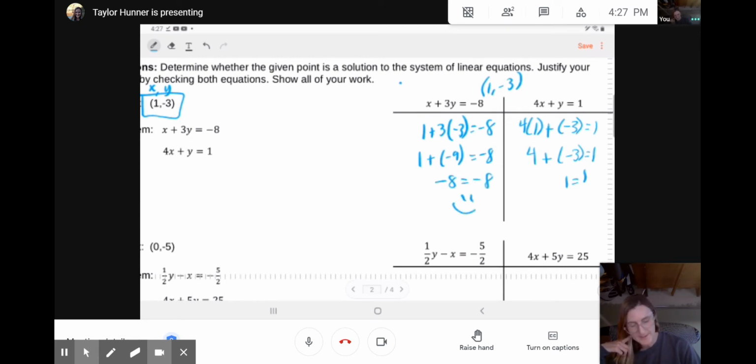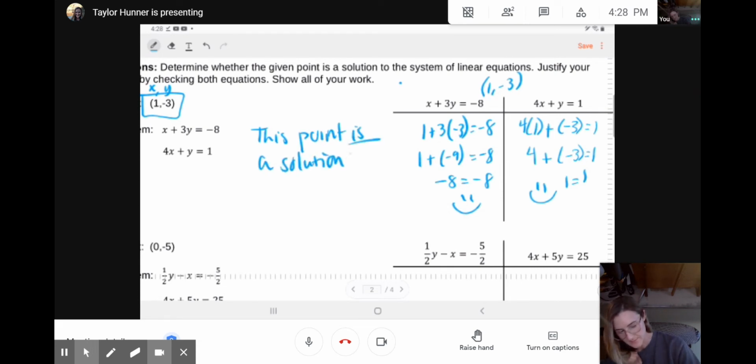So that point is actually on that line, and it's on that line. So make sure that you don't do like I did and actually carry out the final step of each problem. So I can say that this point is a solution because it is on both lines.